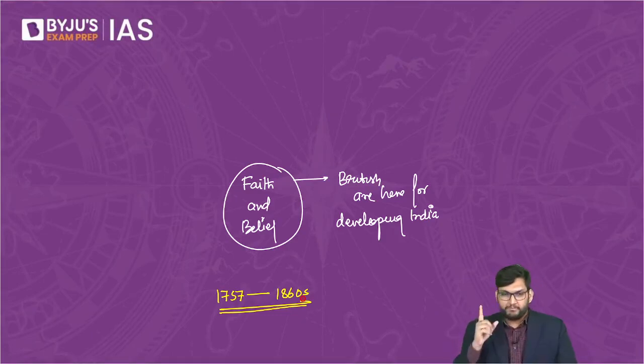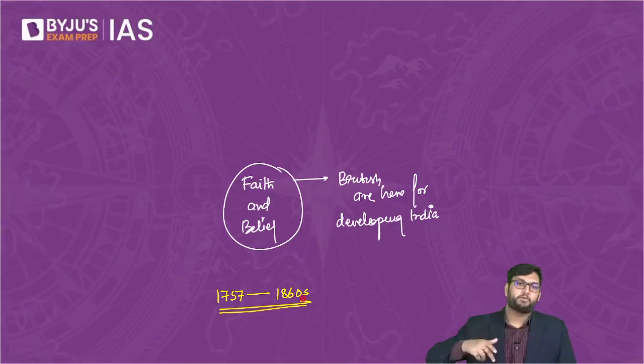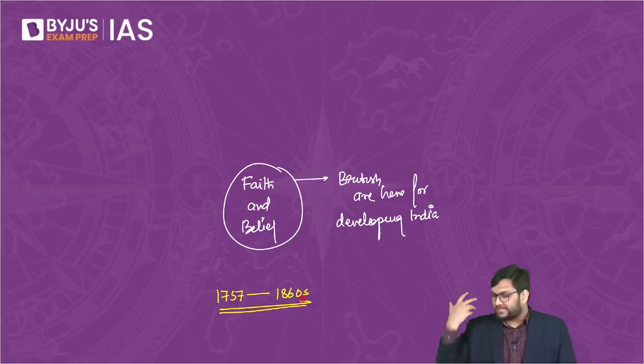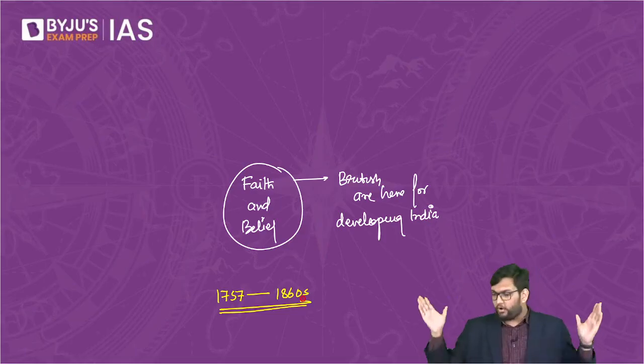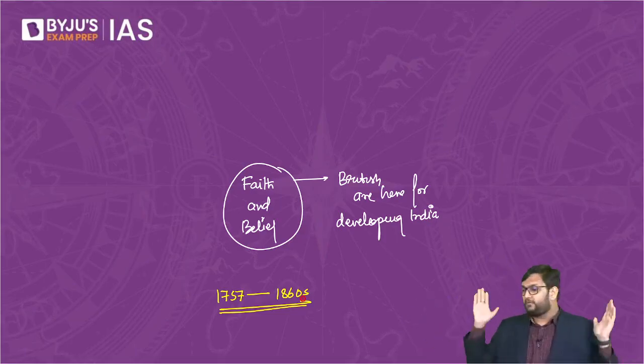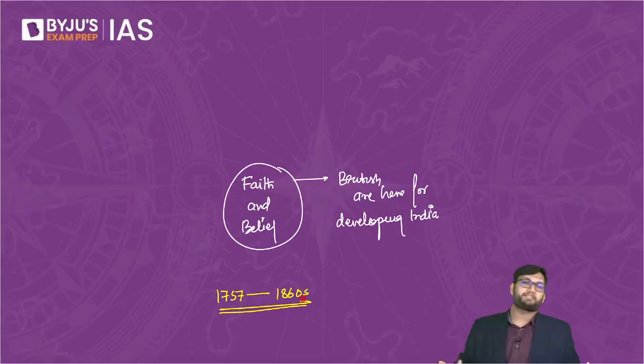So the economic nationalists, for example Dadabhai Naoroji, give this theory with quantifiable data. Then G.V. Joshi will prove it, then M.G. Ranade, then R.C. Dutt. Basically, all these four thinkers together will systematically create a corpus of literature, a whole theory, which is called the drain of wealth theory.